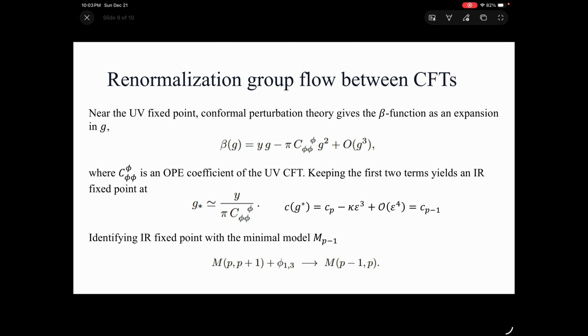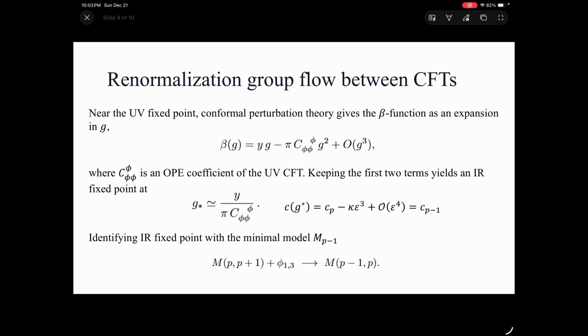Then we put all the information together and we get this beta function, which describes the theory away from the UV fixed point. And we know at the fixed point, the beta function equals 0.